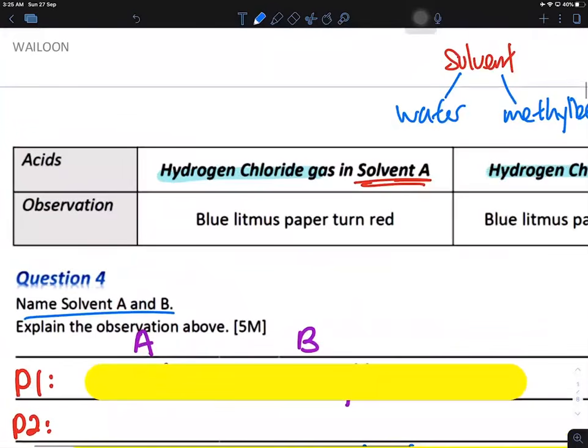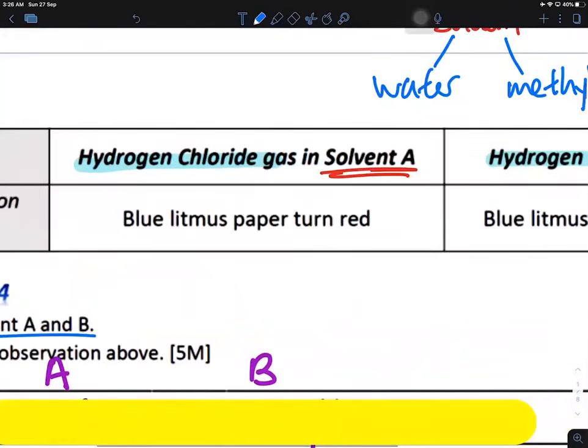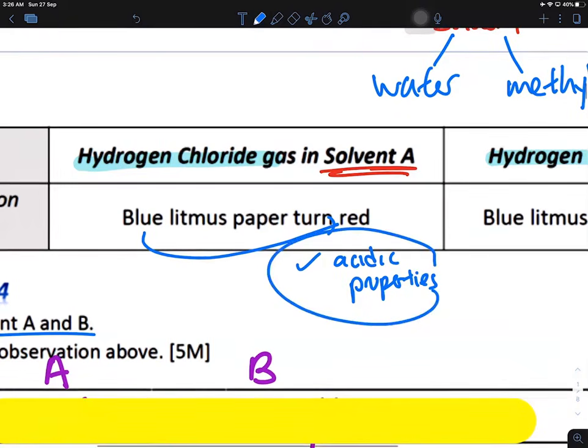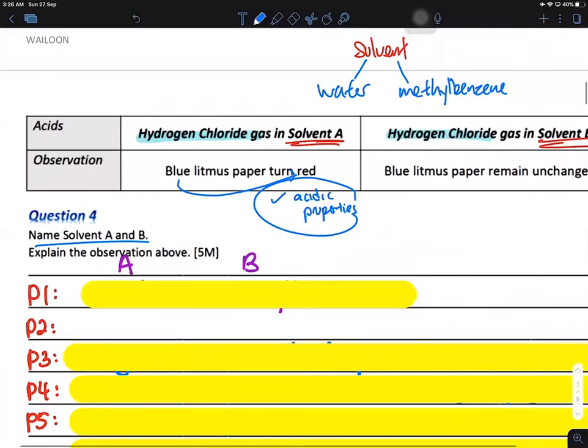So when I look at the result, it shows that blue turns red. Blue turns red means there is acidic property. So acidic properties, just now we said there are three types of explanation: basicity, strength, and one more, role of water, which is about acidic or alkaline properties. If this one has acidic properties, it means my solvent A will be water.